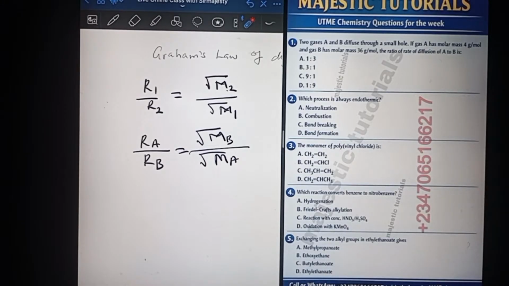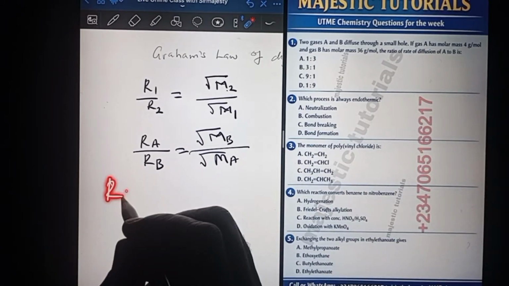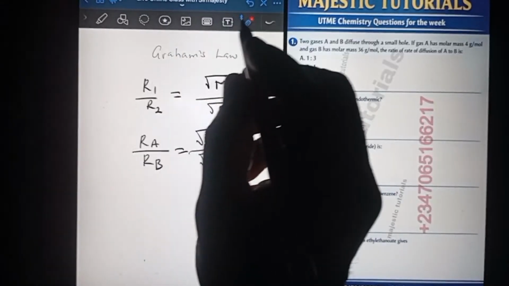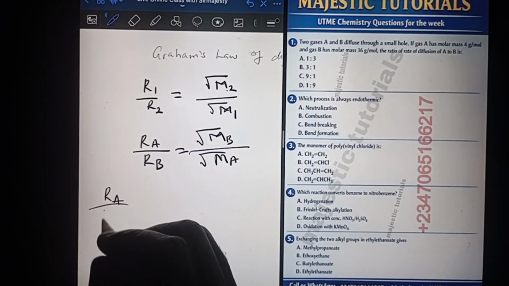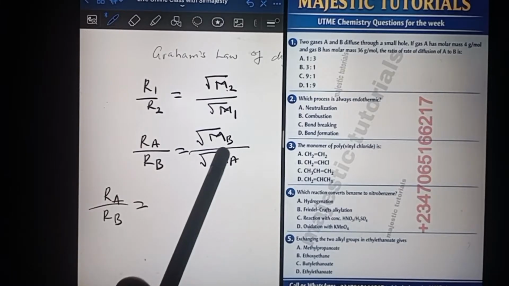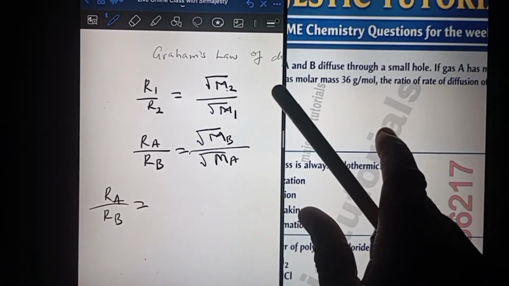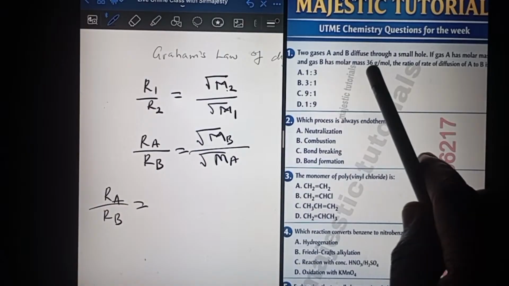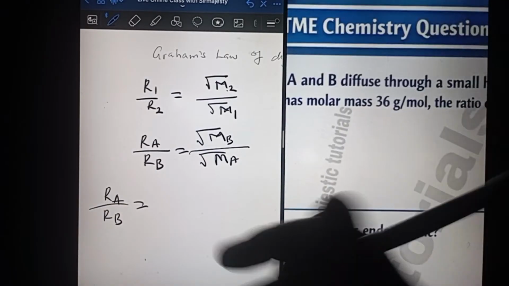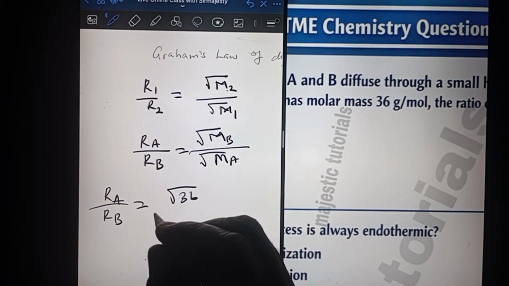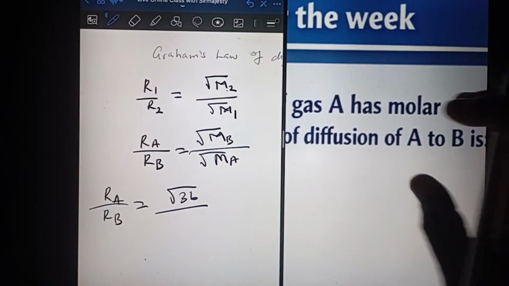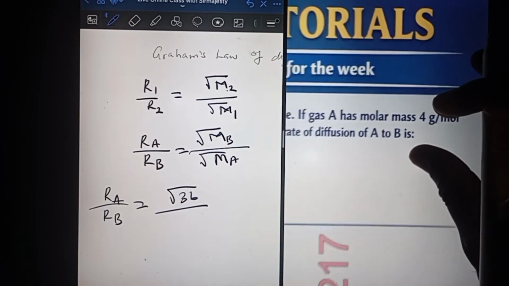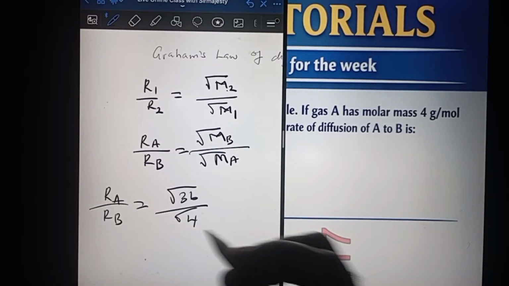Remember, we already have the formula, no need of trying to change it. RA over RB is equal to square root of MB. From the question, the molar mass of the second gas is 36. So it is equal to square root of 36 over the molar mass of gas A. They said it's 4 gram per mole, so you just say square root of 4.